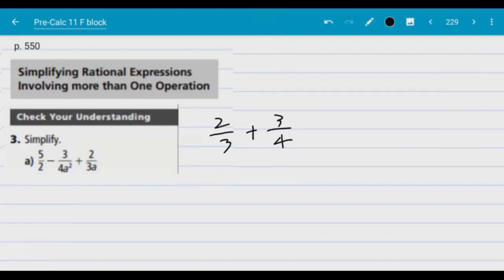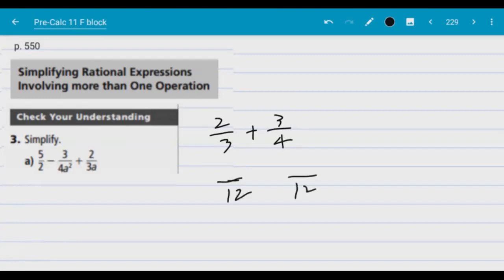There would be a lot of numbers. It could be 12, it could be 24, it could be 36. Nobody said that it has to be the least common multiple, as long as you are familiar with the numbers. So you can have a common denominator of 12, or 24, or 36, and so on, provided that when you come up with a common denominator, you get an equivalent fraction.